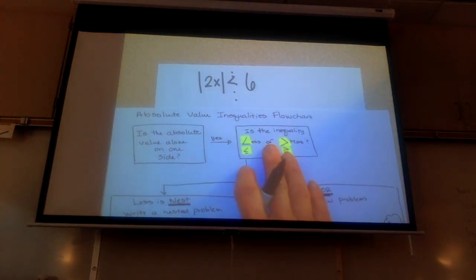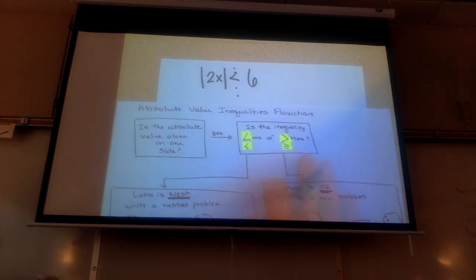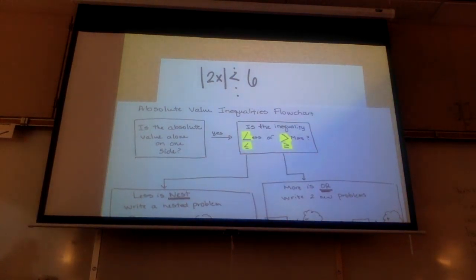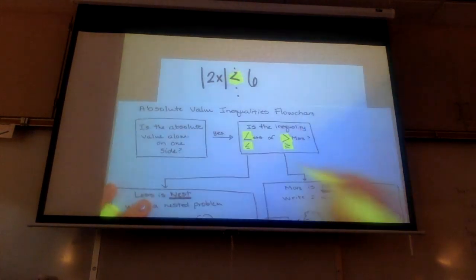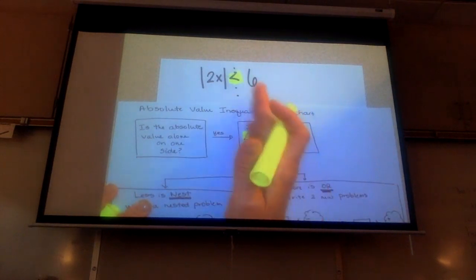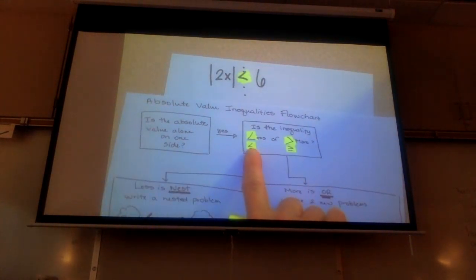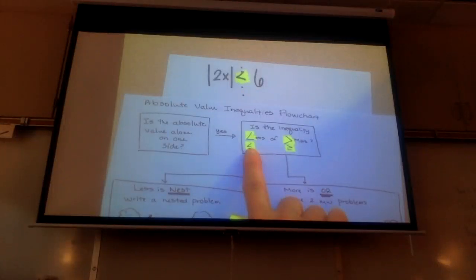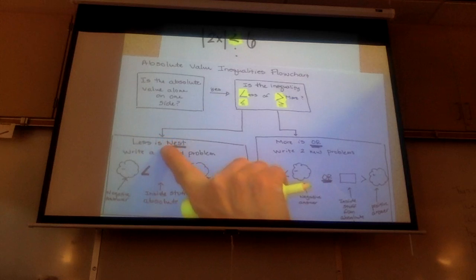So now I need to identify, is the inequality a less or a more? This is why we've been using the highlighters. Go back to your problem and see, does it match a less side or a more side? This matches a less number, right? The less inequality. So I'm going to follow my spreadsheet down here.